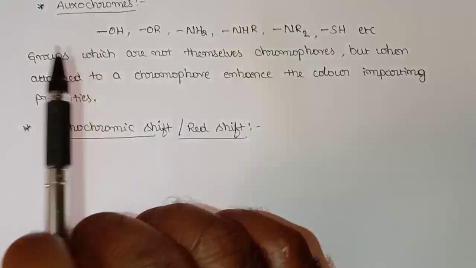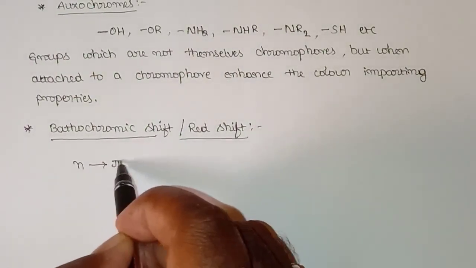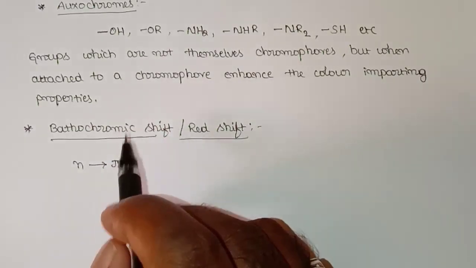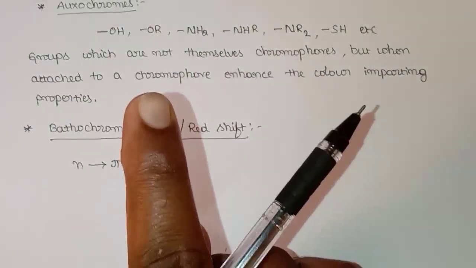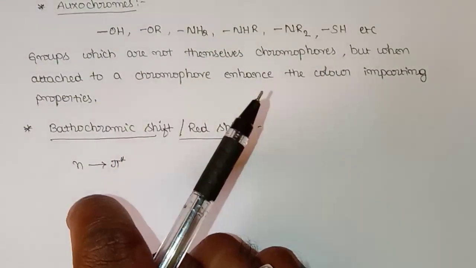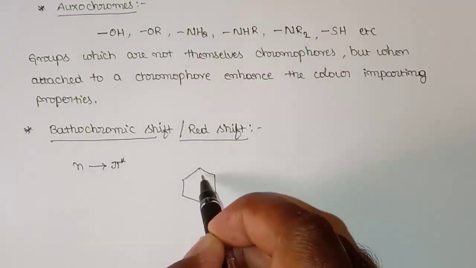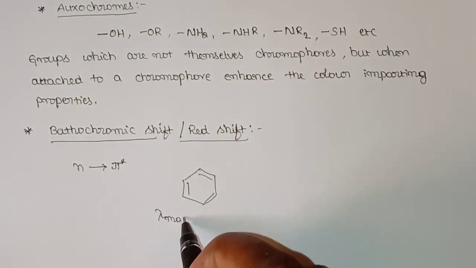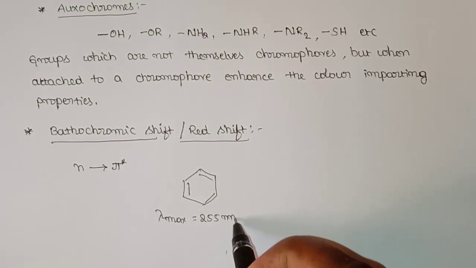So for example, consider the n to pi star transition for a carbonyl compound, which experiences a red shift when the polarity of the solvent is changed. Or consider benzene, a perfectly aromatic compound with lambda max equal to 255 nanometers.